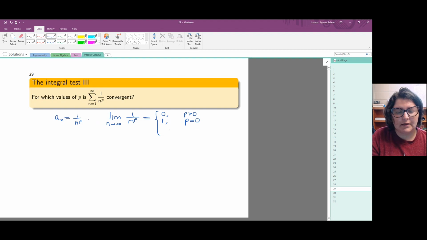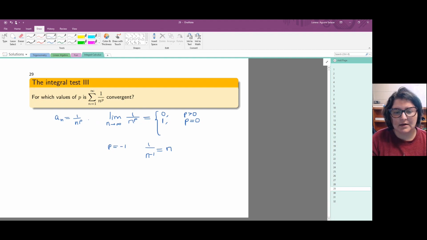While if p is negative, for instance, p is equal to -1, we have 1 over n to the -1, and that's the same as n. When we take n to the top, we change the sign of the power. The -1 turns into a 1.